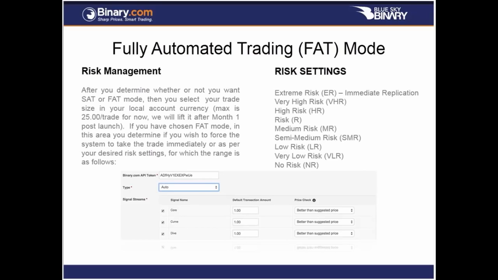And if you have chosen FAT mode, in this area you determine if you wish to force the system to take the trade immediately, or at your desired risk settings with the Hawkeye system, for which the range is as follows. It goes from extreme risk, which is immediate replication, to no risk. And in the middle, you have very high risk, medium risk, semi-medium risk, low risk, very low risk.